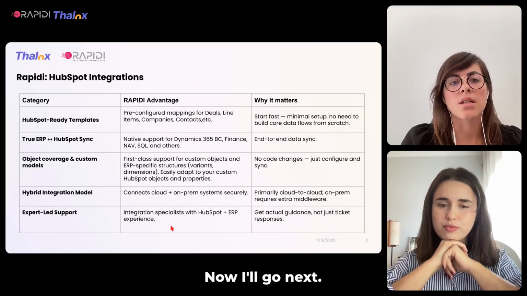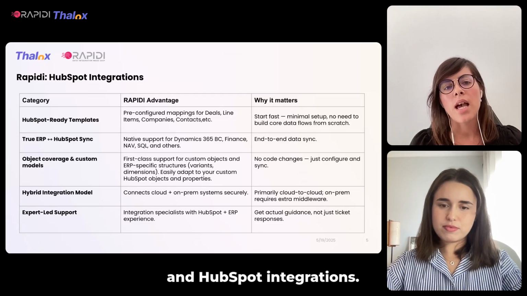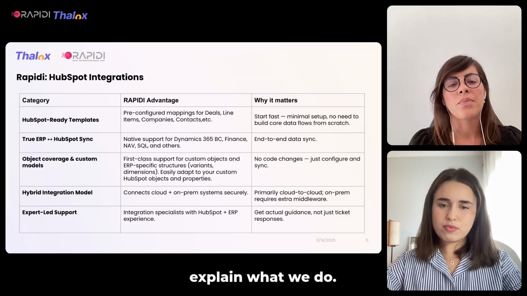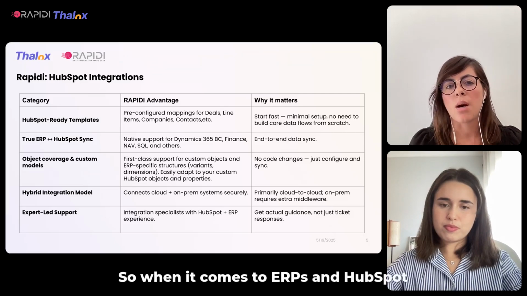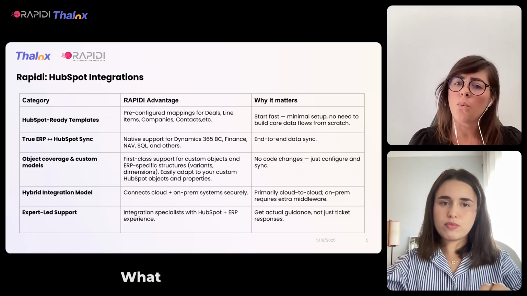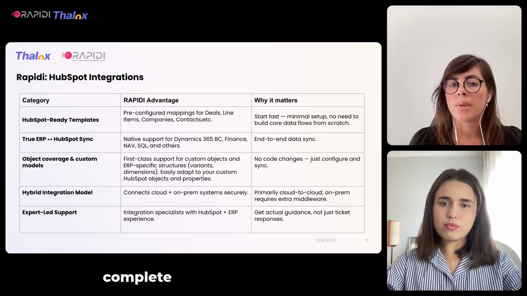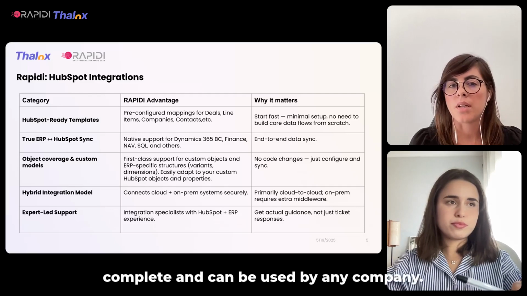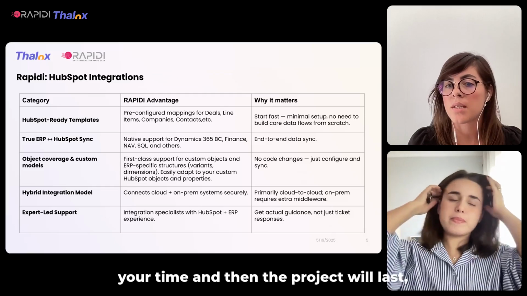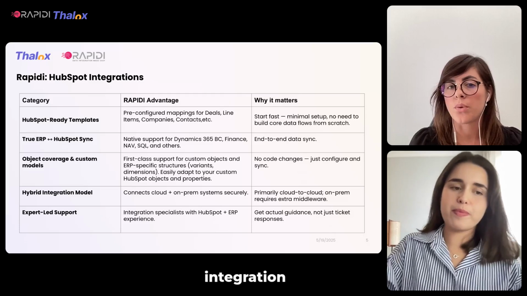Now I'll talk a bit about Rapidi and HubSpot integrations. We have a few categories that we've put together just to briefly explain what we do. When it comes to ERPs and HubSpot integrations, we have what we call the HubSpot ready templates. This means we have pre-configured mappings, which are complete and can be used by any company. This matters because it saves your time, and the project will last a few weeks instead of months or years, so you get value out of your integration fast.